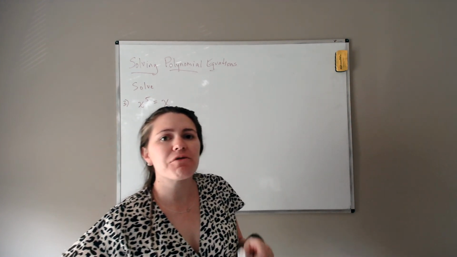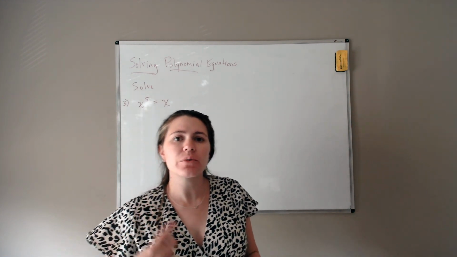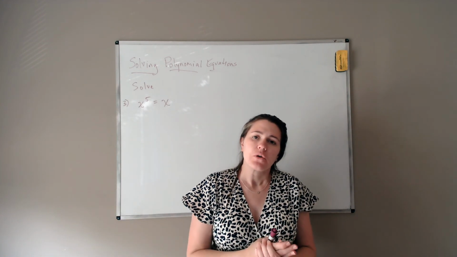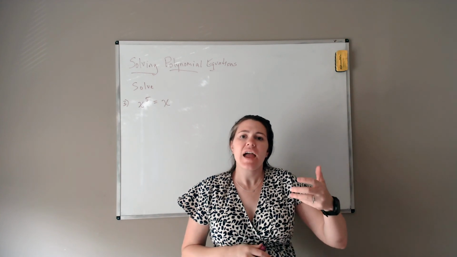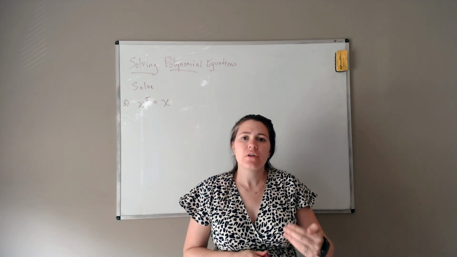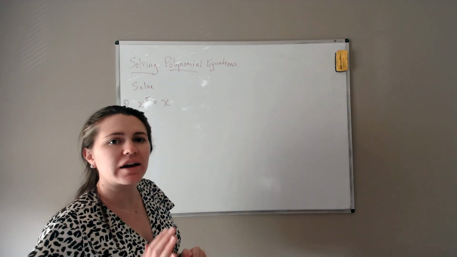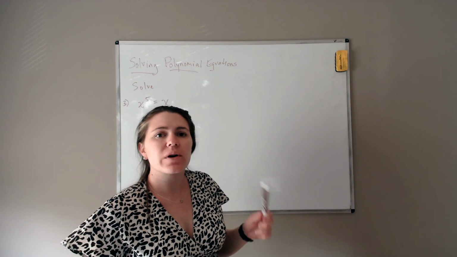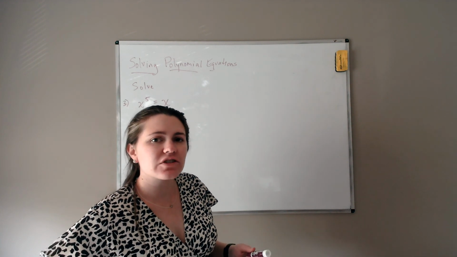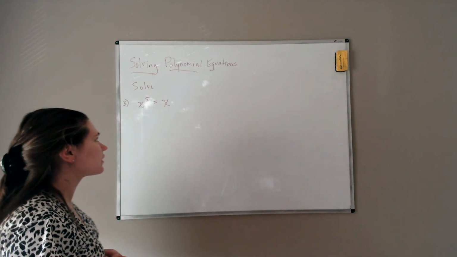You never divide by a variable. If you are dividing by a variable, you are taking out a solution. You never divide by a variable. When you have an equation, you are allowed to divide by a constant, but not a variable.